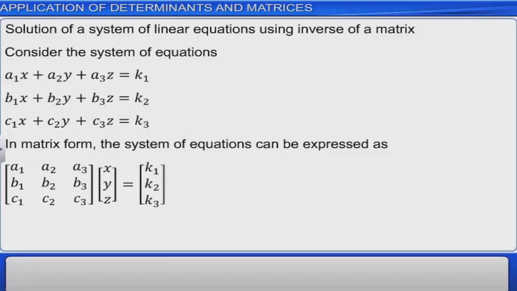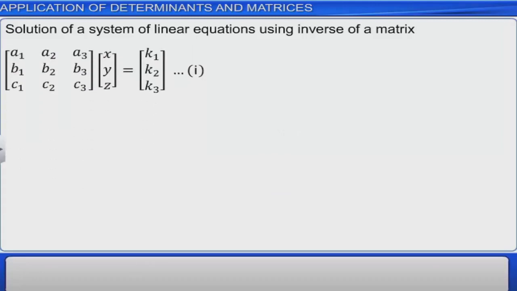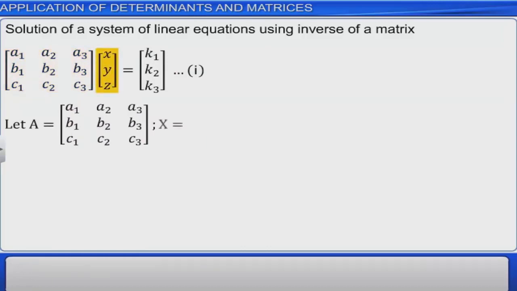Let us denote the 3 by 3 matrix on the left-hand side by A, the column matrix on the left-hand side by X, and the column matrix on the right-hand side by B. So, equation 1 can be rewritten as AX = B.